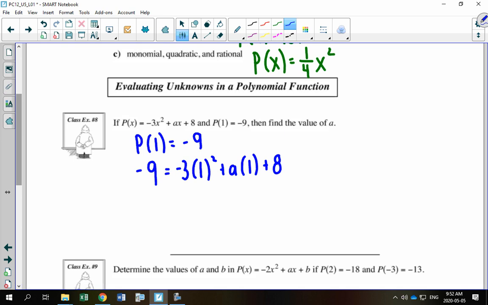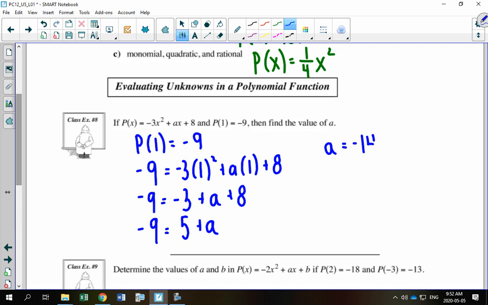And then we're just solving for our a. So we've got negative 9 is equal to negative 3 plus a plus 8, which is negative 9 is equal to 5 plus a, or a is equal to negative 14. Right? So again, this is our value of x, and this is essentially our value of y.